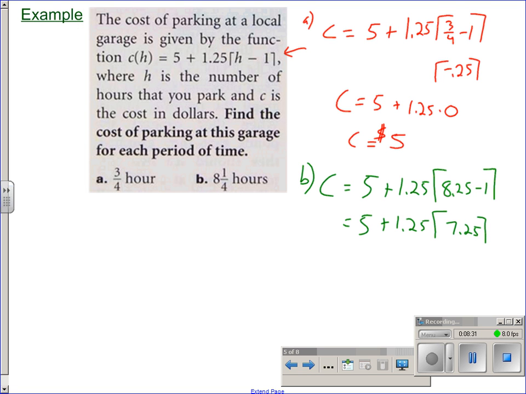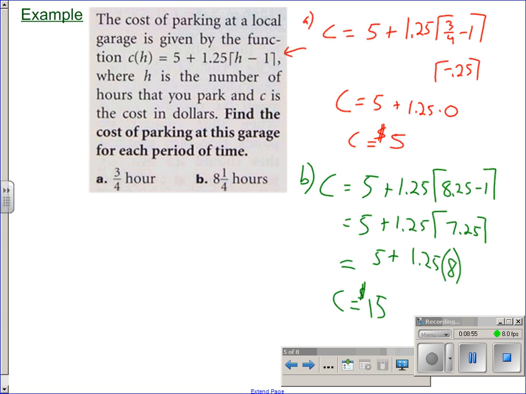When you round that up to the next integer, that's 8. So we got 1.25 times 8 plus the original $5. 1¼ times 8 is 10. 10 plus 5 is 15. So $15 to park for 8¼ hours.